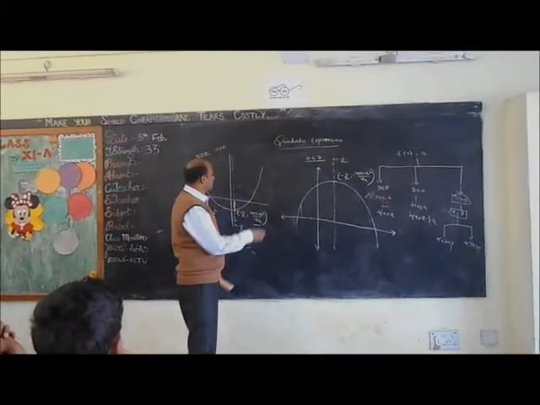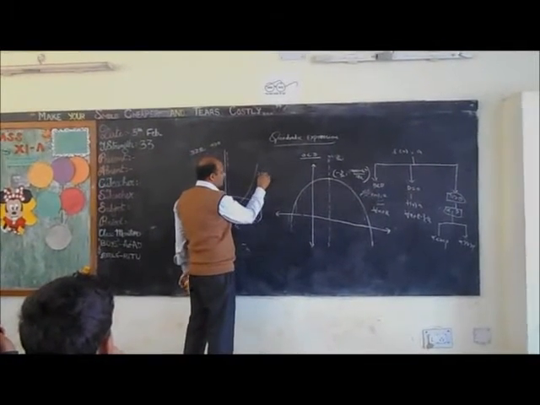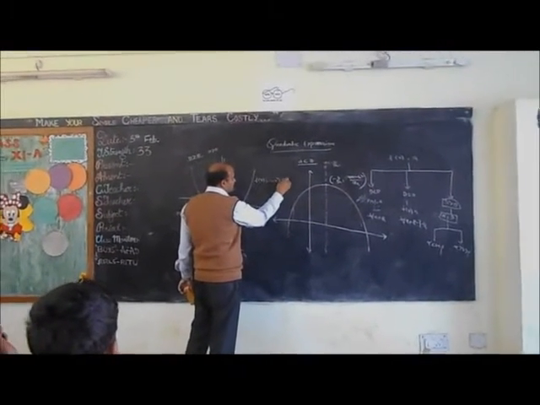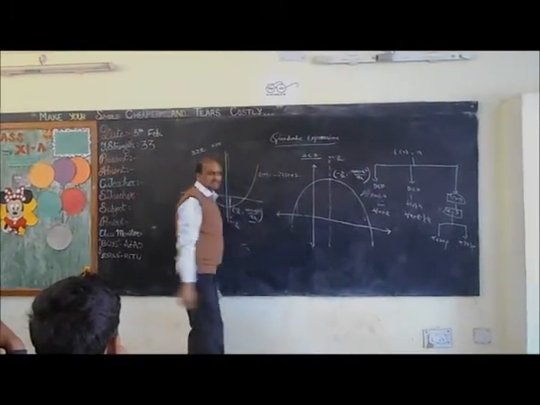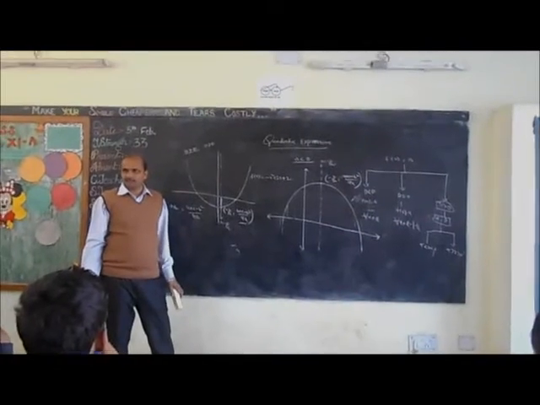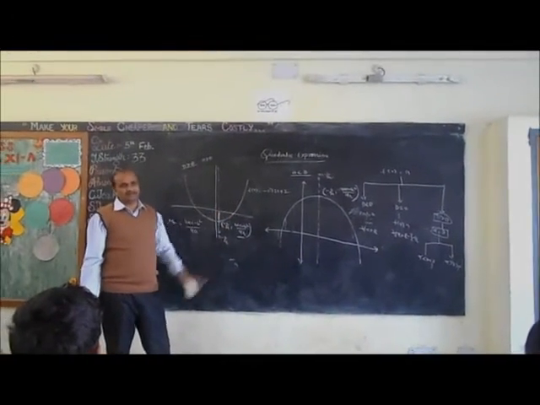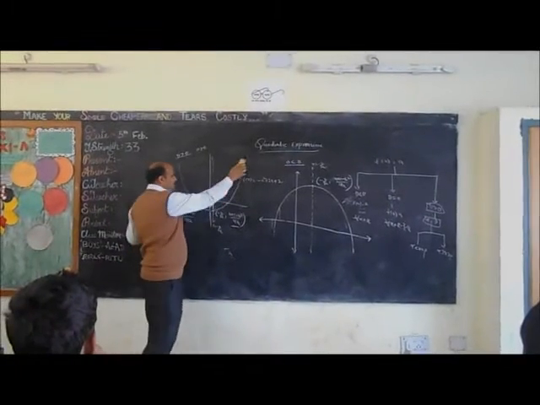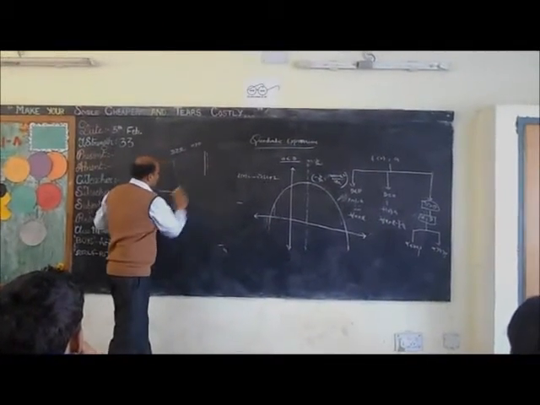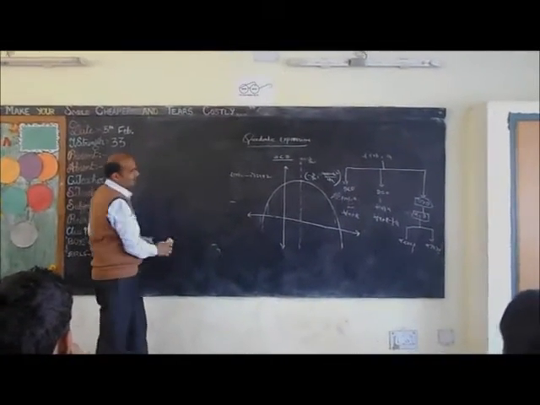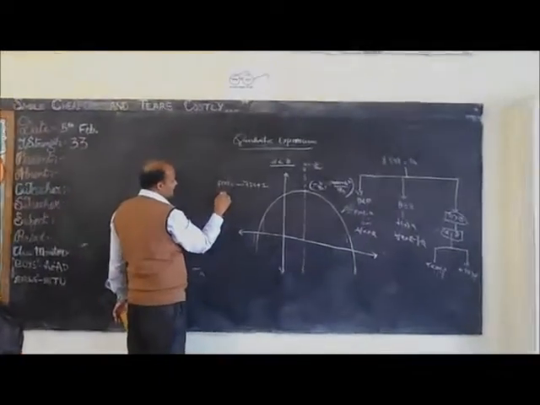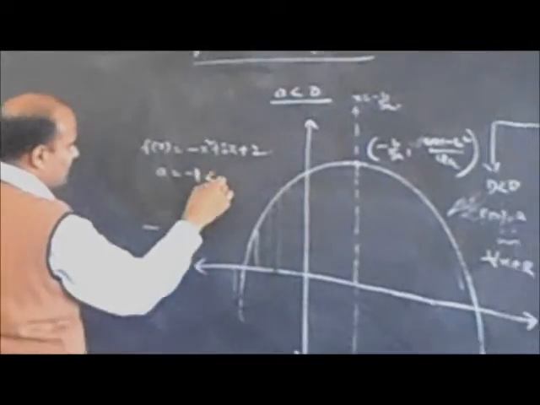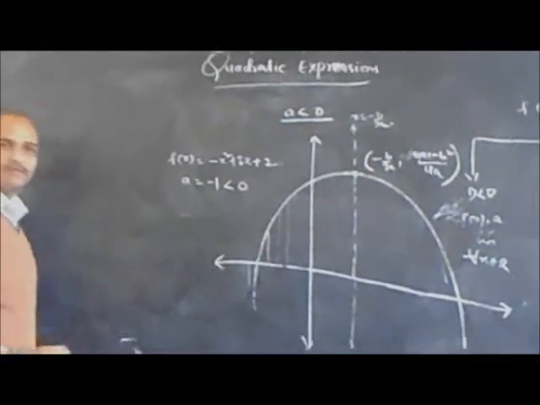Okay, suppose you consider one function f of x is equal to minus x square plus 3x plus 2. What is the maximum value of this function? So, what is the coefficient of x square? A is equal to minus 1, which is less than 0.